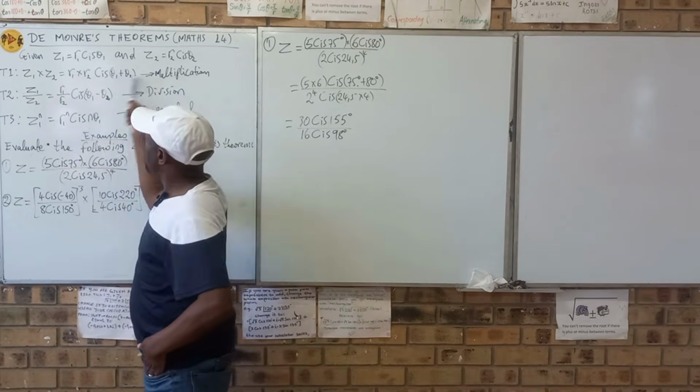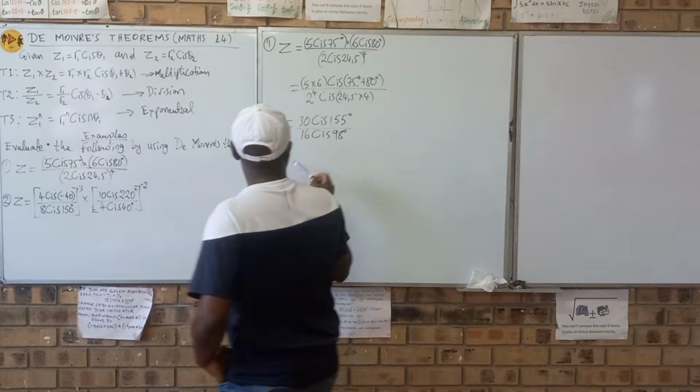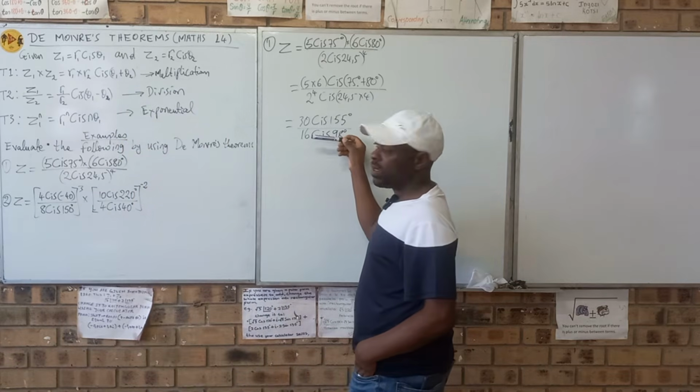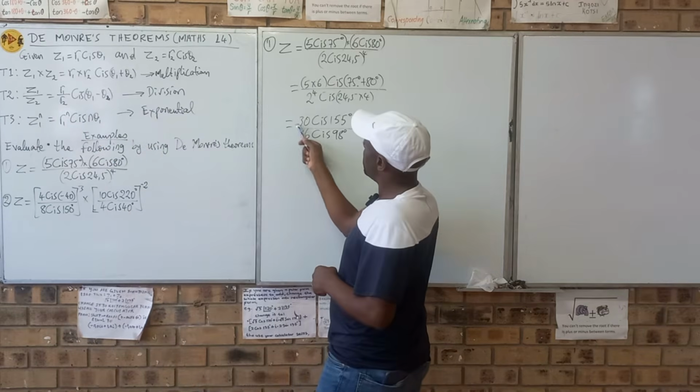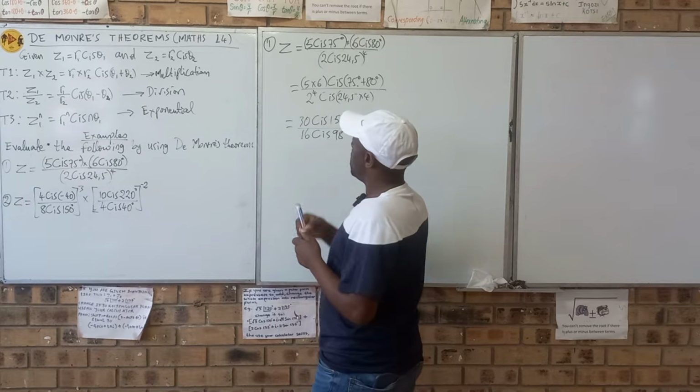Just by applying the first theorem and the last one. We are still left with the division theorem to divide two complex numbers in polar form, where R1 becomes 30, R2 is 16.